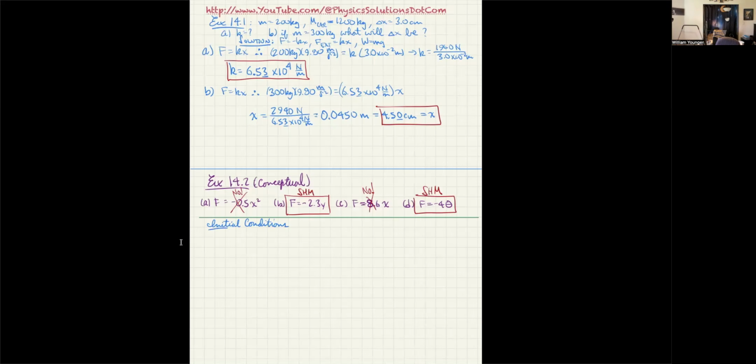Now we do call these initial conditions, but in reality, you could actually do them at t equals 2.5 seconds or t equals 0.03 seconds or whatever, and it wouldn't be initial then, but it'd still be an equation that you could use to make a system of equations so that you could determine the constants.